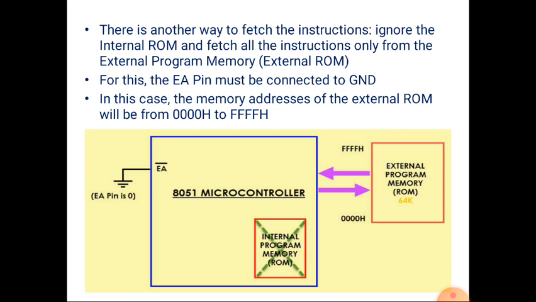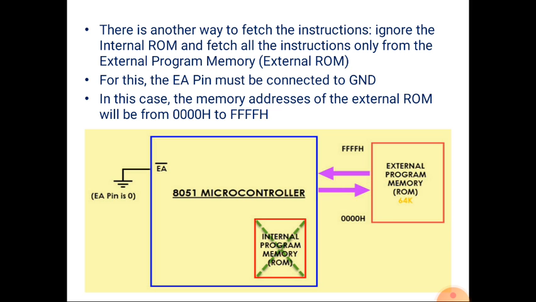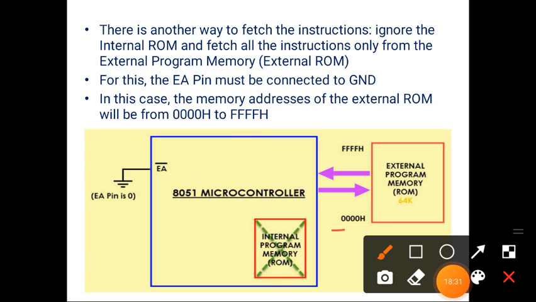And there is another way to fetch the instruction. If we ignore this internal ROM and fetch all the instructions only from the external memory, then EA bar is connected to ground. In this case, the memory address of the external ROM starts from 0000 to FFFF.